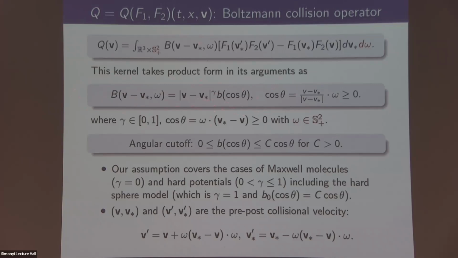He derived these kinds of kernels, except without the angular cutoff assumption, but we're using that. This is the Grad angular cutoff assumption: b of cosine theta is less than or equal to C times cosine theta for C greater than 0. And the reason the Boltzmann equation was named after Boltzmann, to my understanding, is that he came up with the H theorem, which says entropy is increasing.